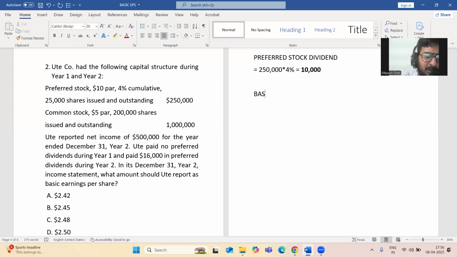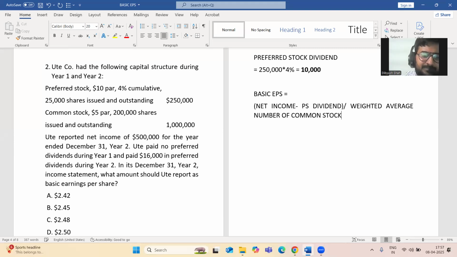So the formula for basic EPS is net income minus preferred stock dividend, and you divide it by weighted average number of common stocks outstanding.